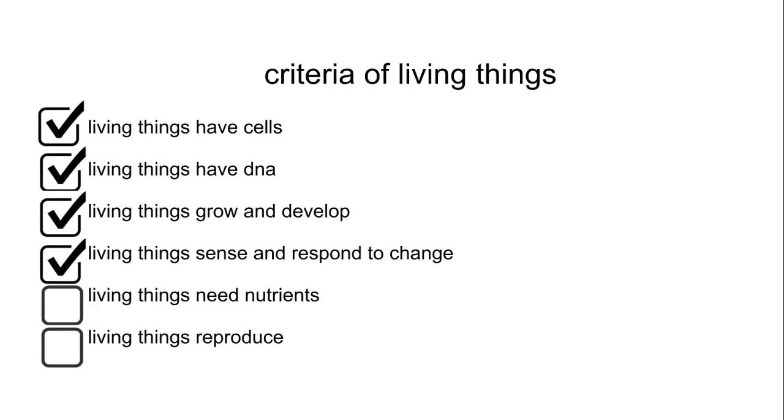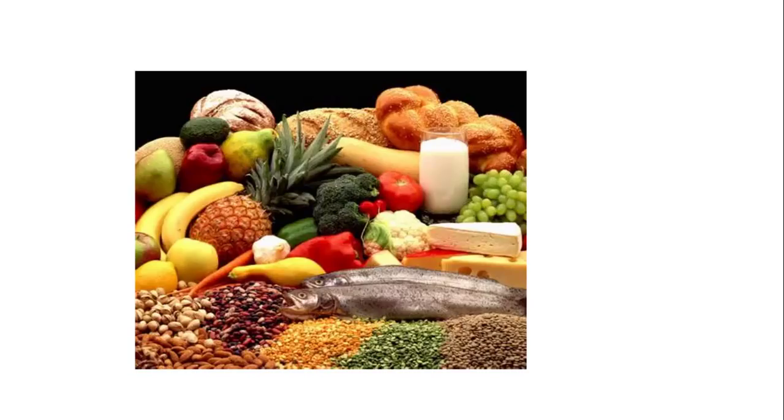And one other thing is that living things need nutrients. Let's use that crystal example again. They do not consume nutrients at all. Yes, you can say they use sugar, but they do not break it down and use it for energy. You and me and elephants alike all use nutrients.